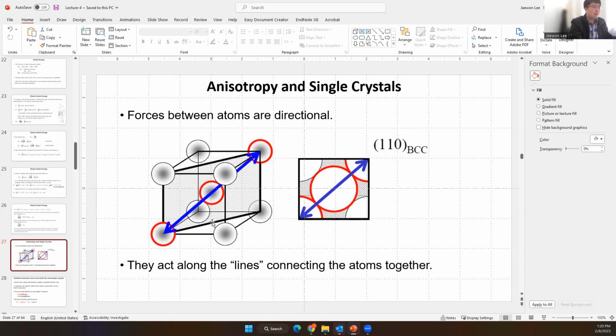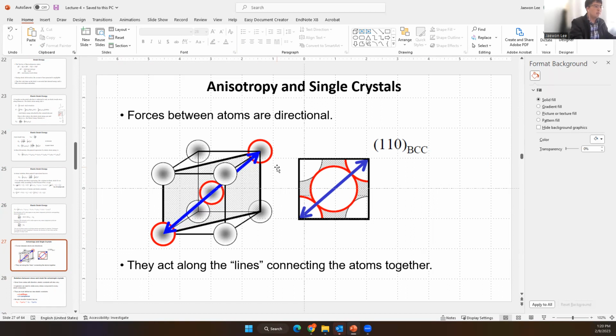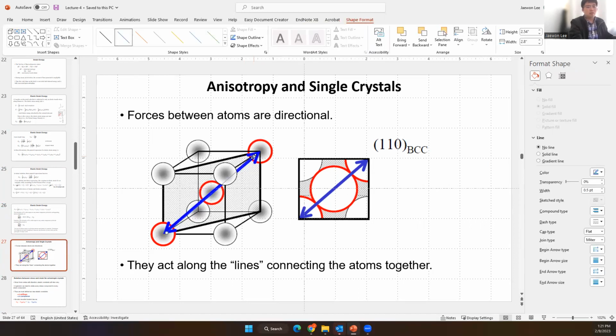If we focus on the BCC structure, the red highlighted particles could be touching together, so the interparticle distance is shorter than this one, or shorter than this one.